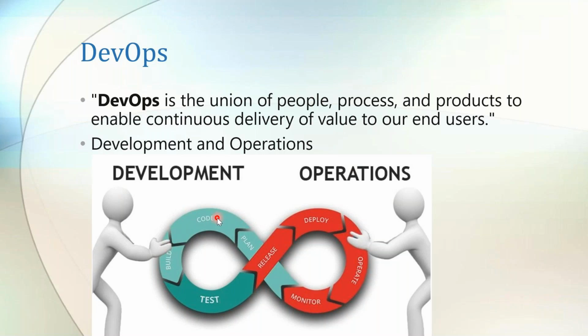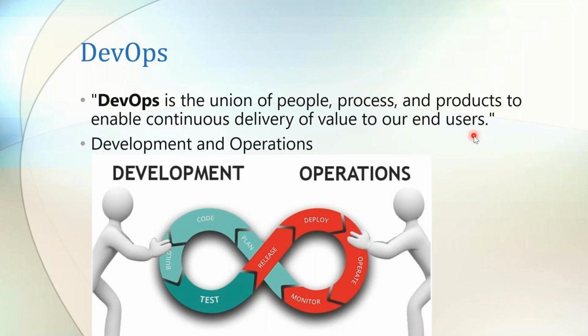So this is for the development team, this is for the testing team, and for planning you will have a different design team and all would be there. So you have to collaborate with multiple people, and you have a different process for each and every stage, and finally your output products. So this DevOps is a combination of all three things: people, process, and product, which will help me to deliver a good product to the end user.